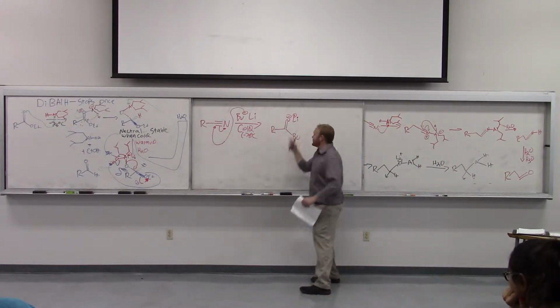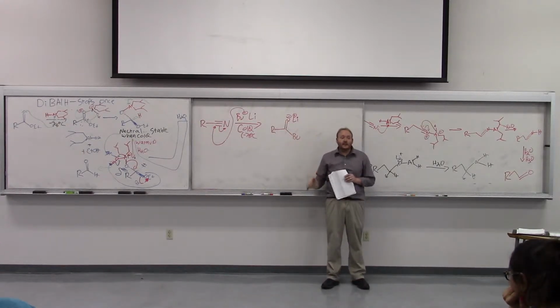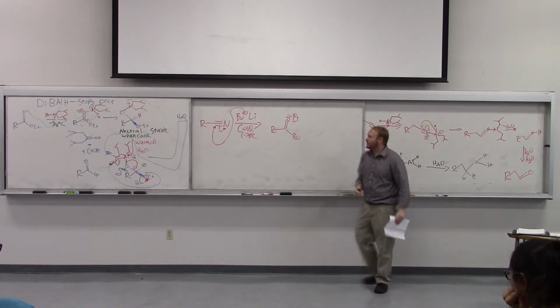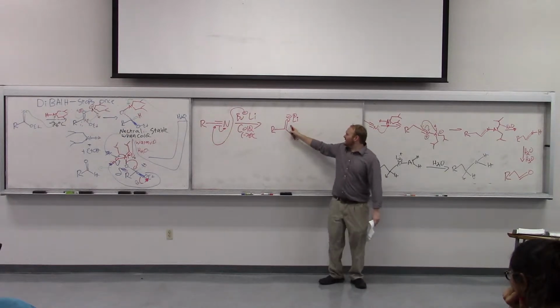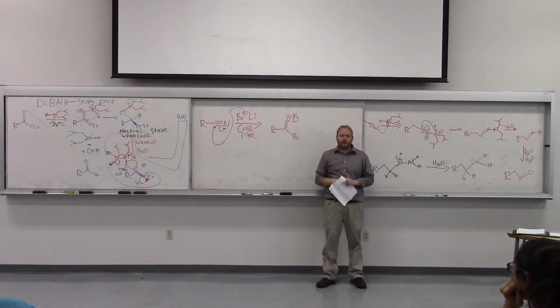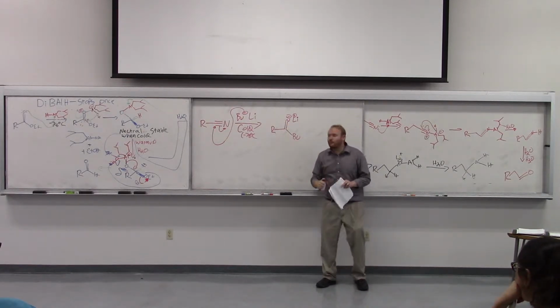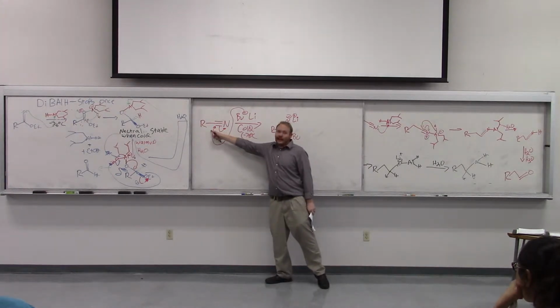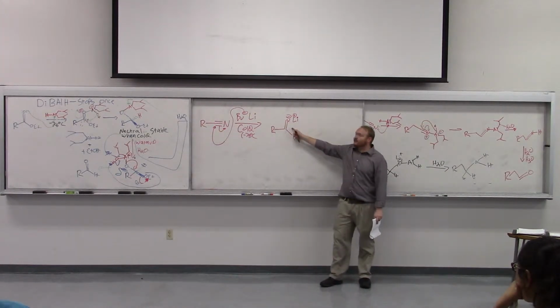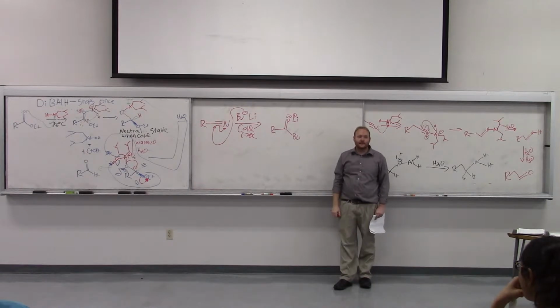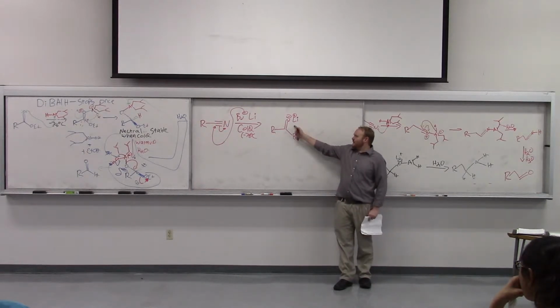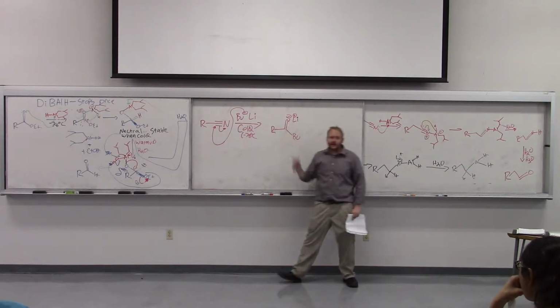And that will give us this. So here is why nitriles stop once, if you're careful. This intermediate has a minus charge on the nitrogen, right? So what's going to be more reactive, the neutral nitrile starting material or the singly added intermediate? This is not going to be as reactive because this is neutral, this is a minus charge.